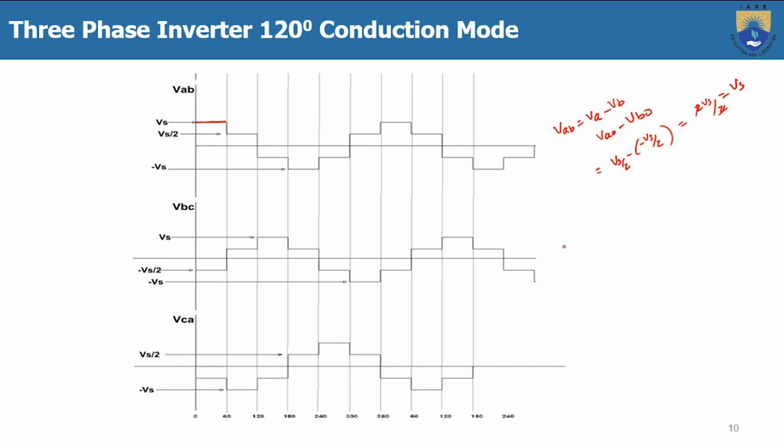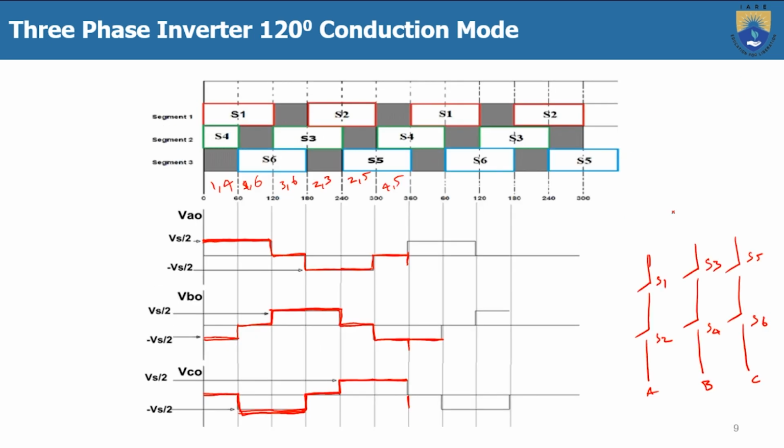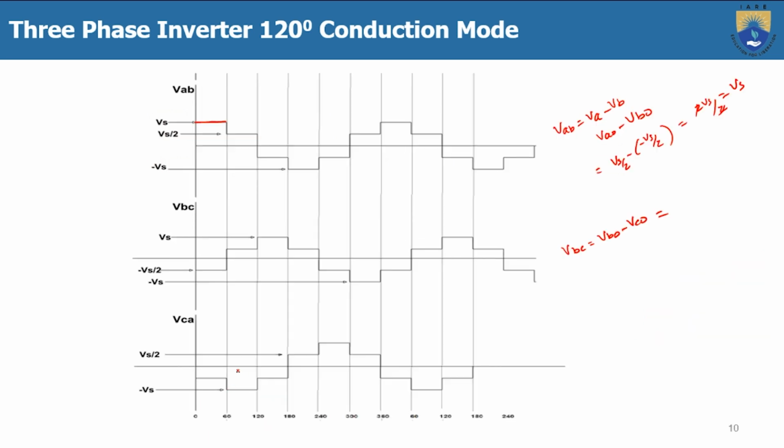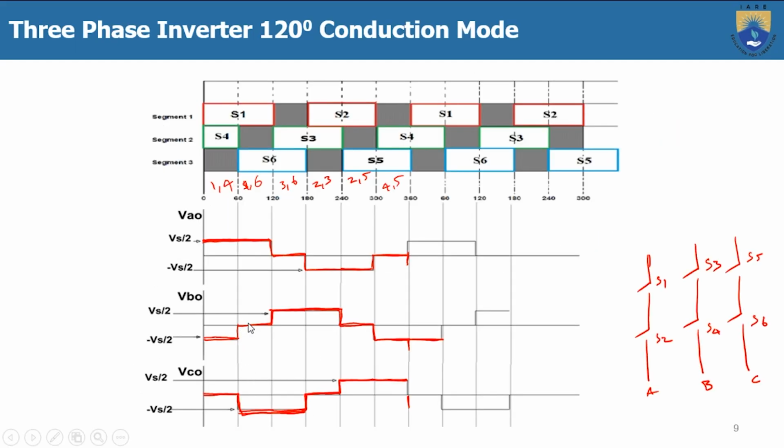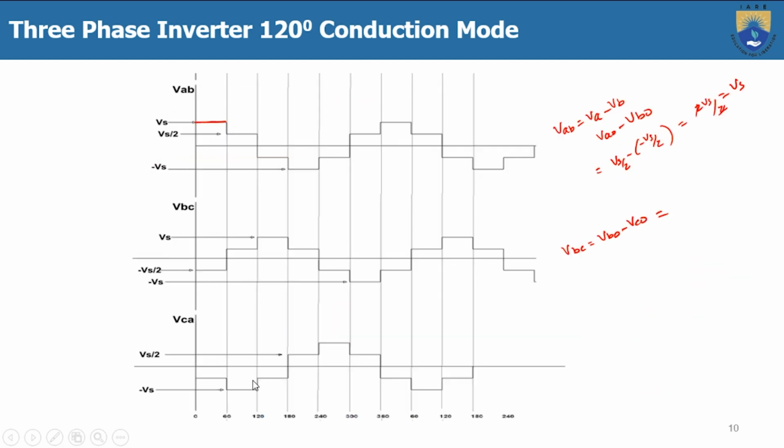Similarly VBC is equal to VBO minus VCO.